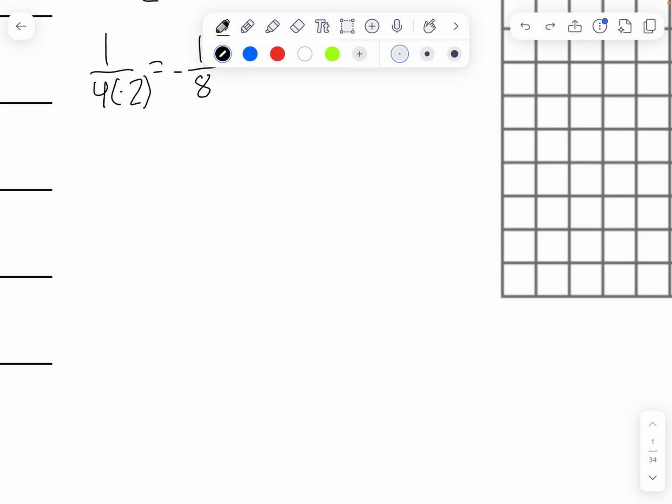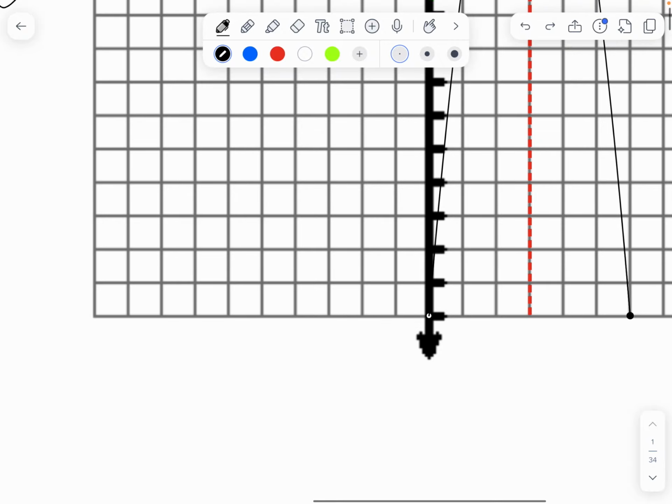Oh, and if you don't understand what the focus is, I'll just graph one right here.